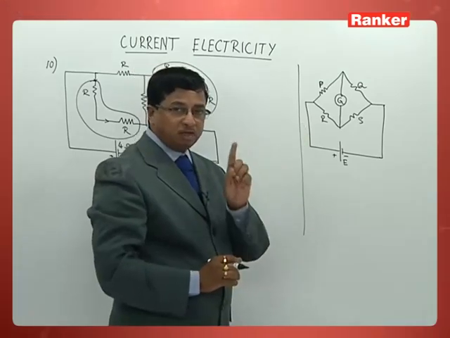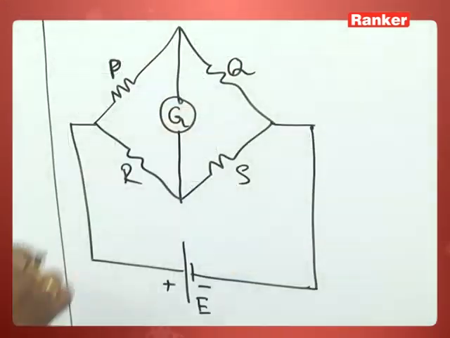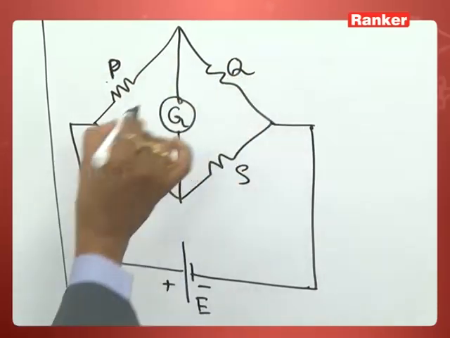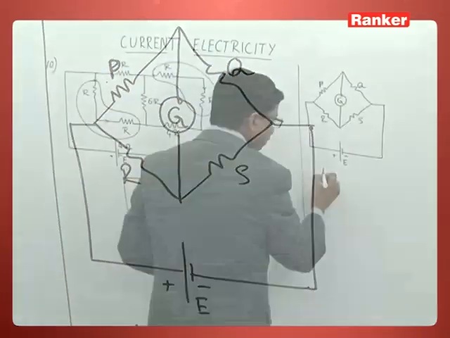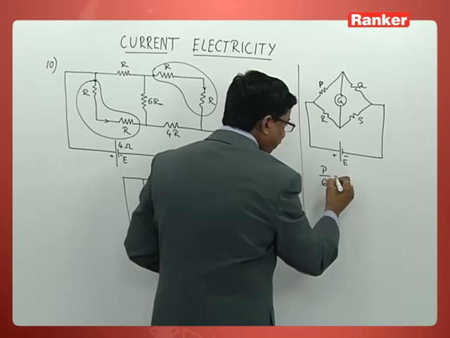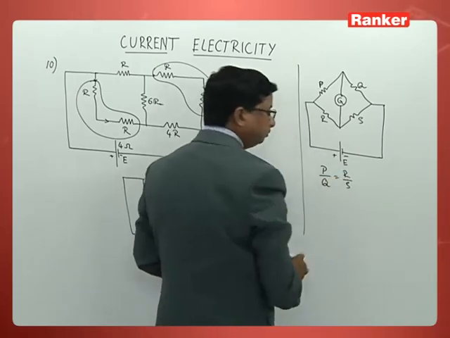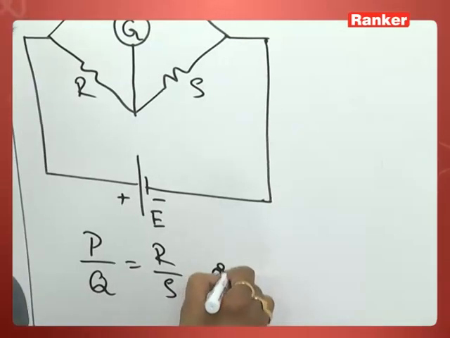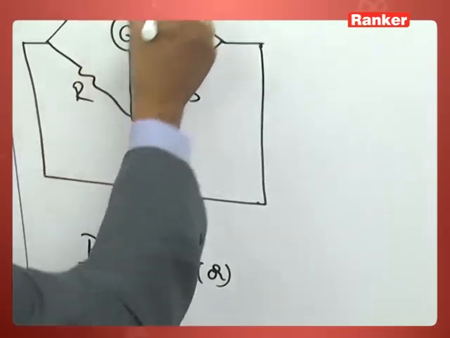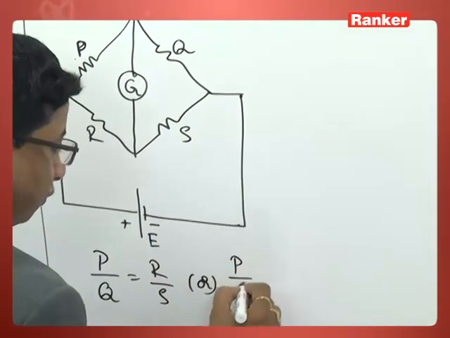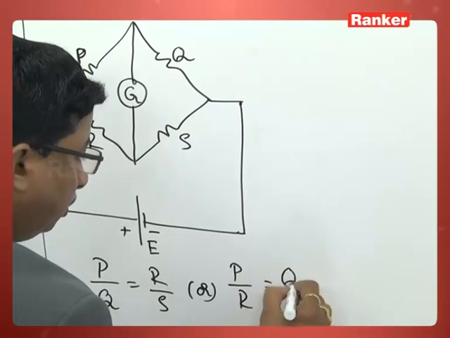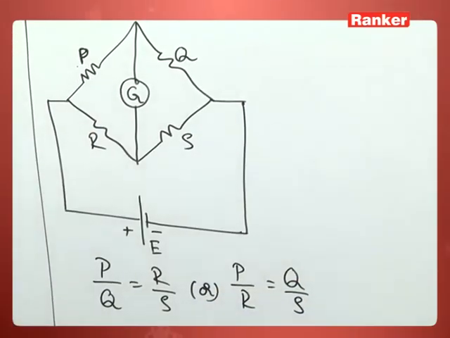Now the moment you find P by Q is equal to R by S. P by Q is equal to R by S. Or you can even call it P by R is equal to Q by S. Observe the way I am writing the equation.